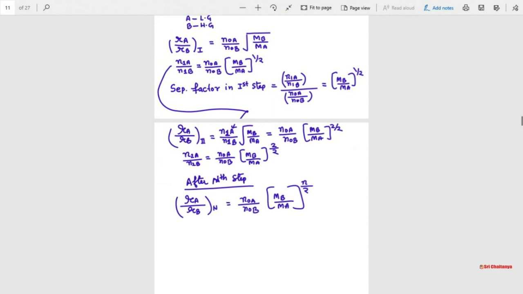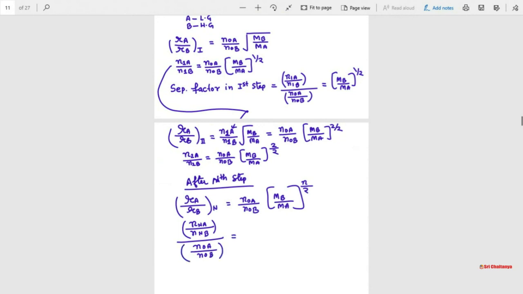And here I can write that it is equal to number of moles of gas A after the nth step upon number of moles of gas B after the nth step. So this is the mole ratio of A and B after the nth step. This is the initial number of moles ratio. Number of steps of diffusion divided by 2.